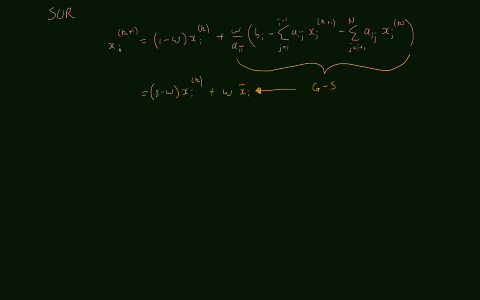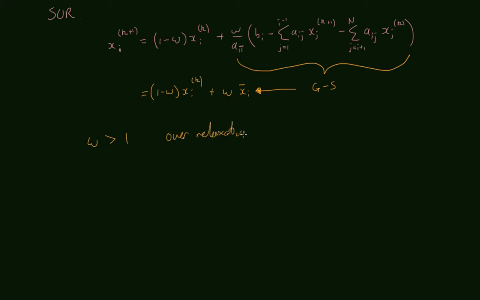If omega is greater than 1, we're using less of our current solution and more of our updated solution. This is where we over relax. So when omega is greater than 1, we have over relaxation.